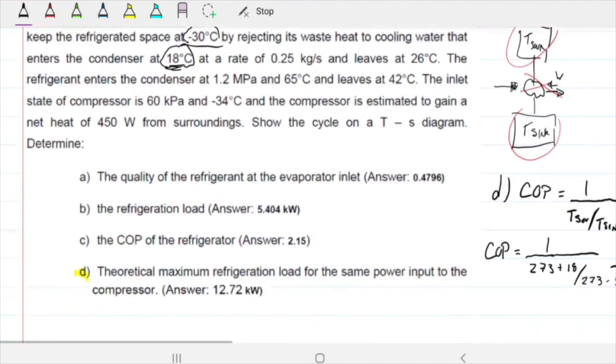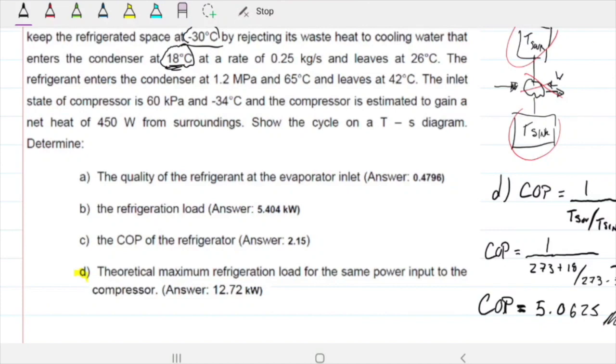So the maximum coefficient of performance we can have in our system, regardless of how good or how bad our refrigerator is, is 5.0625. And this is dimensionless, obviously. Okay, so that's the maximum we can possibly have. Let's start solving the problem now.